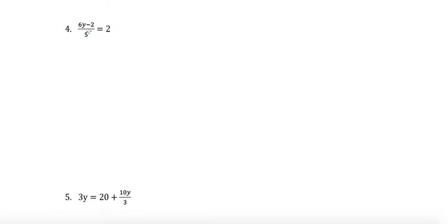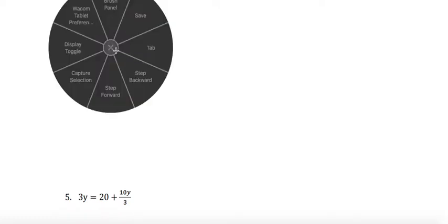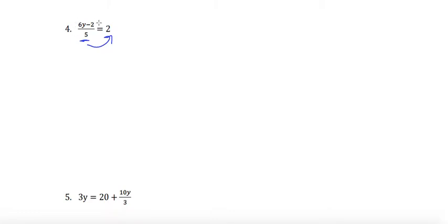So this just is a matter of taking our 5 and bringing it over to the other side. When we did this in our previous lessons, we would multiply both sides by our 5 to get rid of that fraction, right? So the opposite of dividing is multiplying.